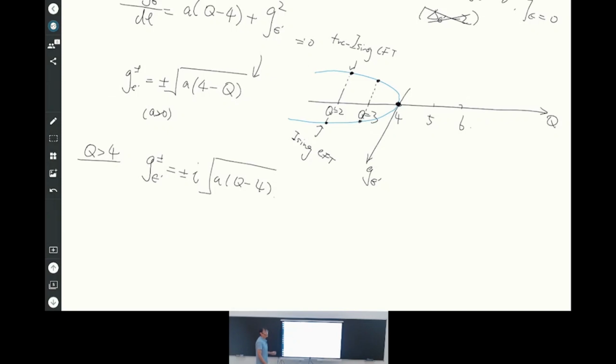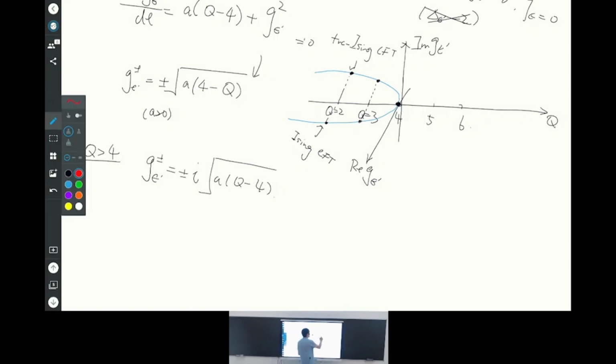If I plot this in this picture, we change this x as the real coupling strength, and we add a new axis that describes the imaginary part of the coupling strength. And the fixed point will reappear here, in the complex parameter space.